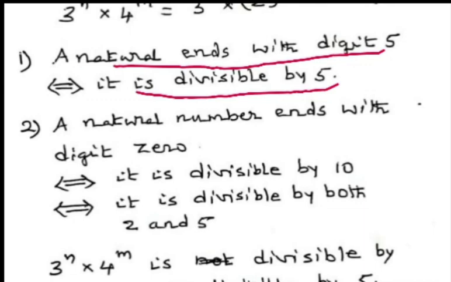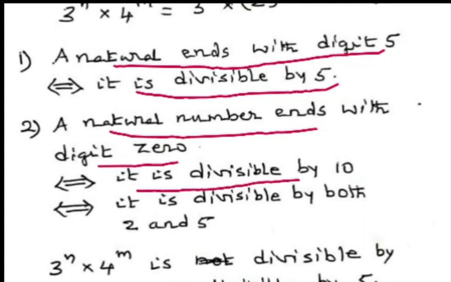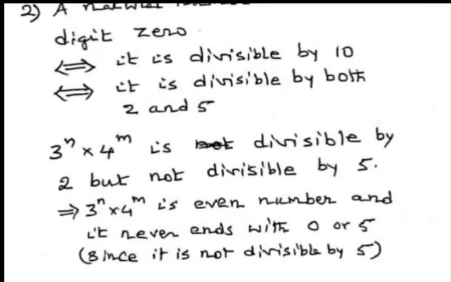That is one condition. And if a natural number ends with digit 0, then it should be divisible by 10, that is, by both 2 and 5.